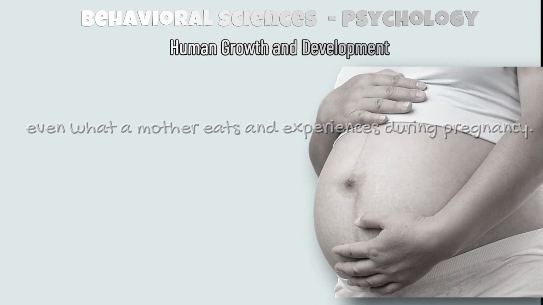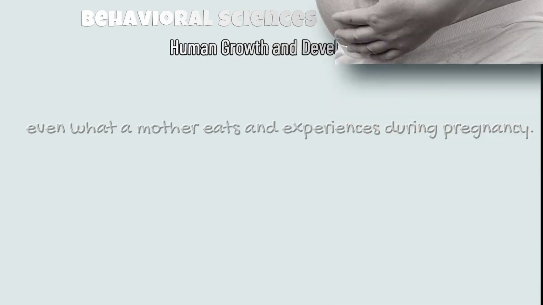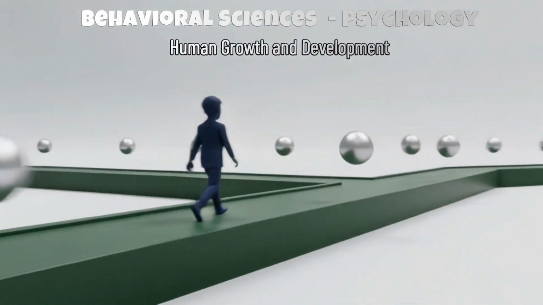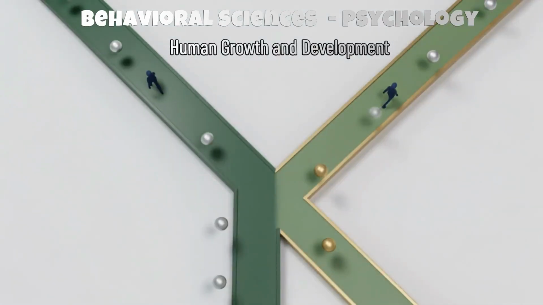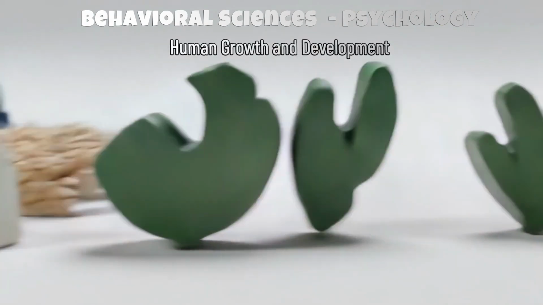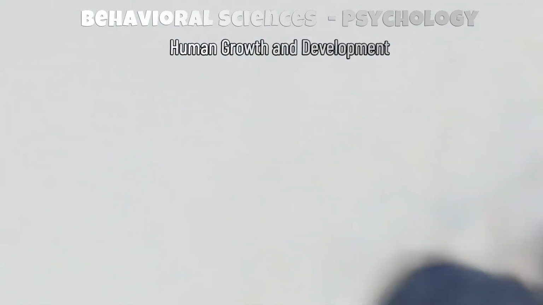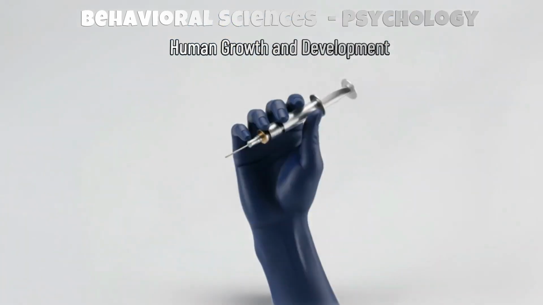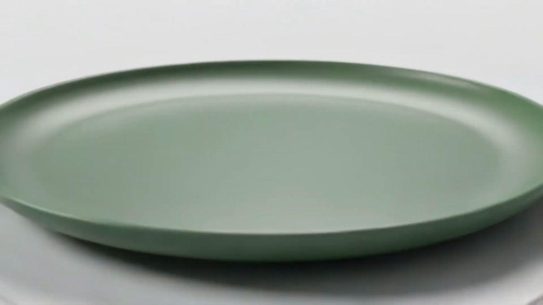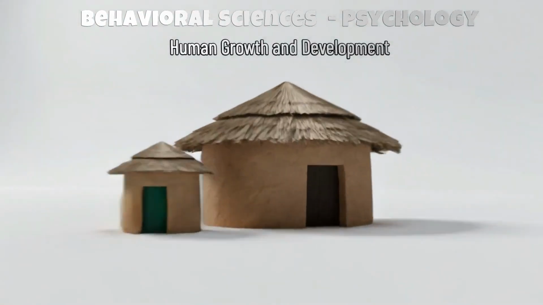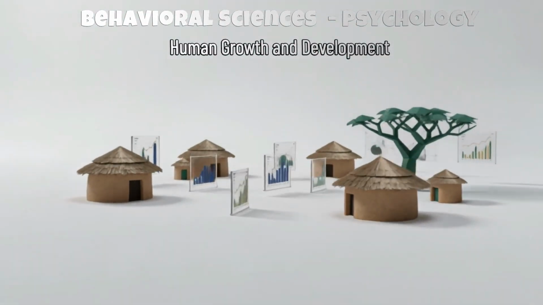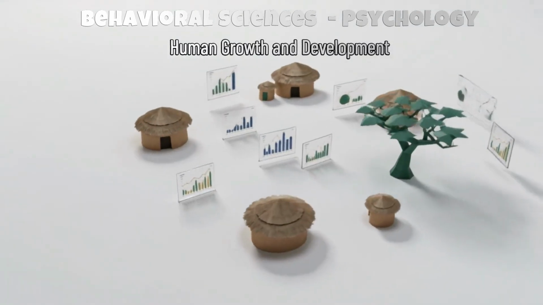Here is a practical example relevant to our African context. 2 children can be born with identical genetic potential for height, but if one child grows up in a household with adequate nutrition, clean water, and access to vaccines in Dar es Salaam, while the other grows up in a food-insecure household in a conflict area, those 2 children will not reach the same physical outcomes. The environment has intervened.